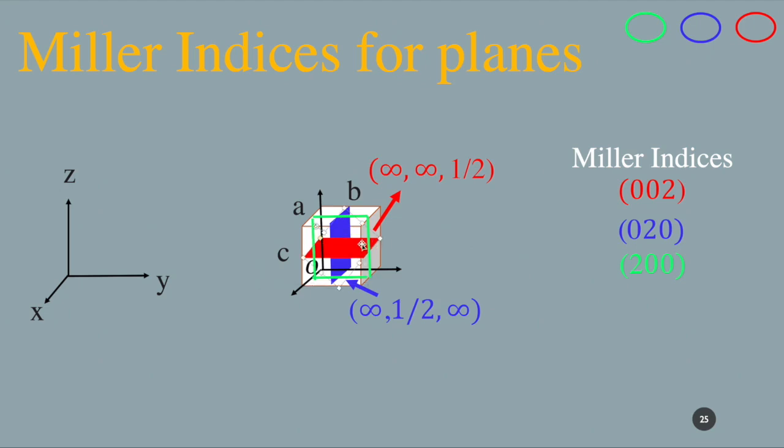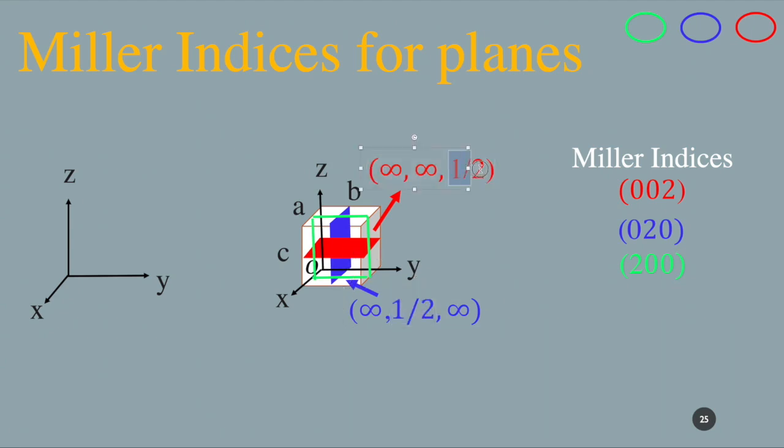It has no intercept in the x direction and no intercept in the y direction, but it has an intercept in the z direction, and that intercept is exactly half the length of this box, a half unit.